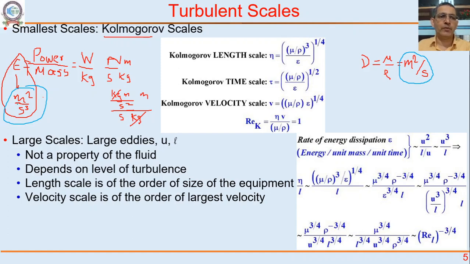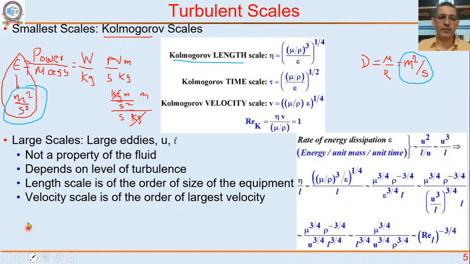First, the Kolmogorov length scale. How do I get a length scale from these units? If I multiply them together, I get meter raised to 4, second raised to 4, and the 1/4 power of that gives a velocity scale: nu multiplied by epsilon raised to 1/4.